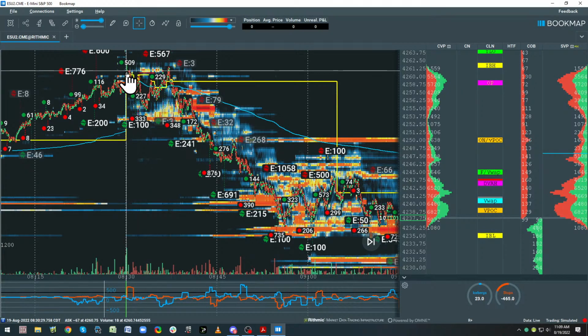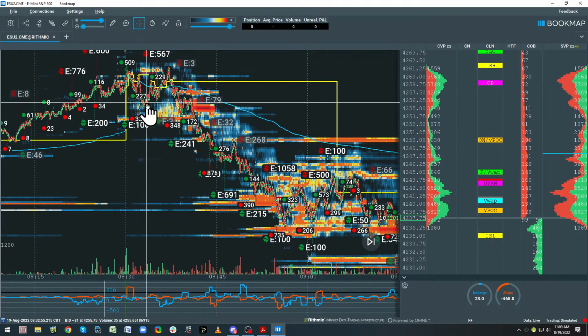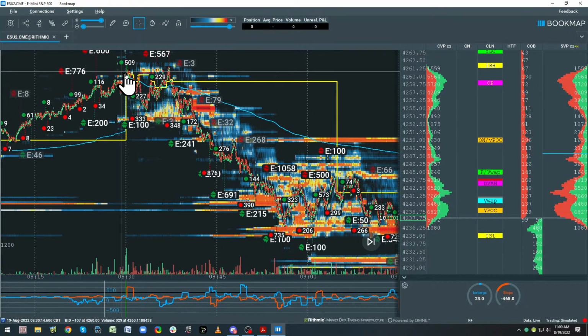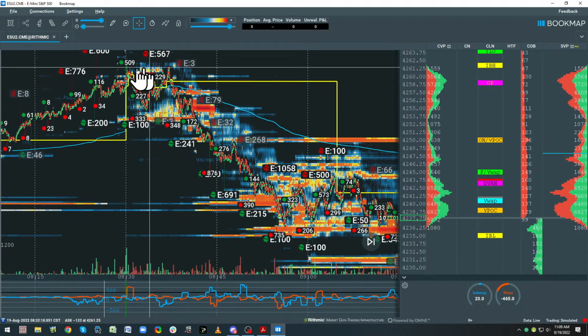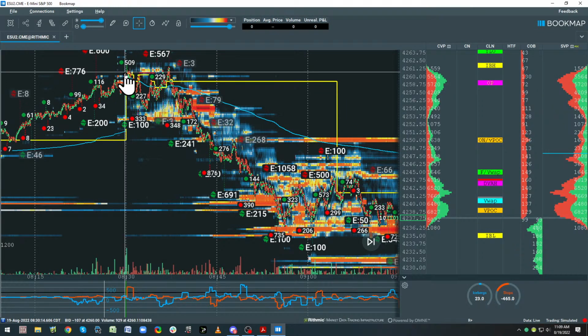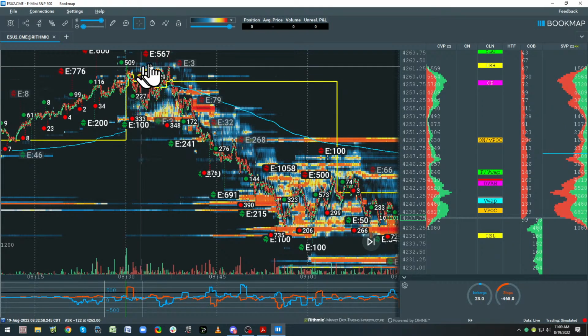I also know this high is vulnerable because we're going to get shorts in here. So there's two possibilities. We open responsive buying and then we roll over. We open selling and then squeeze, take out the weak shorts, the early shorts. So that's the possibility here.